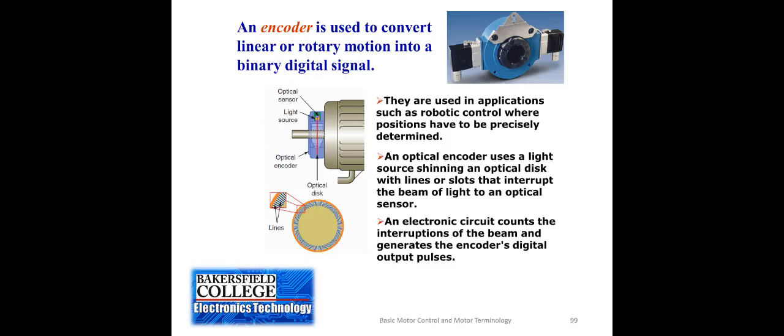And every time that it goes past a line, the light beam is interrupted. What's really cool about this particular one is that it is very sensitive, and it knows exactly the position, how much the motor shaft has rotated. Not only the speed of the shaft, but its position because of the pulses that it has counted.